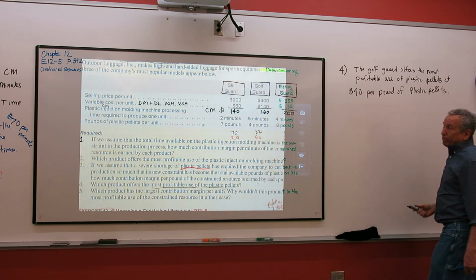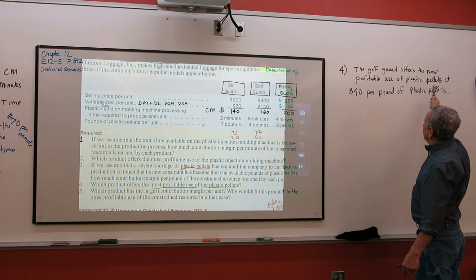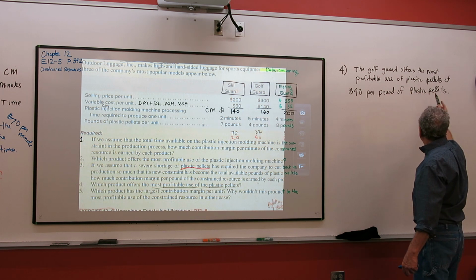If I was writing to my boss, I'd actually say more. I'd say the golf cart offers the most profitable use of plastic pellets at $40 per pound of plastic pellets.